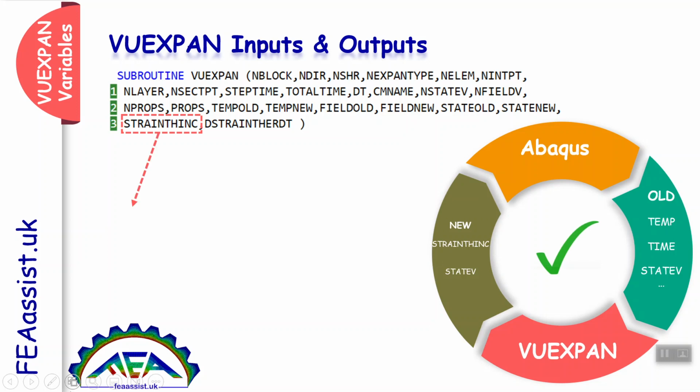Strain thermal increment, delta L per L0 is equal to thermal expansion multiplied by delta T. So this thermal strain needs to be written and defined in VUXpand subroutine.